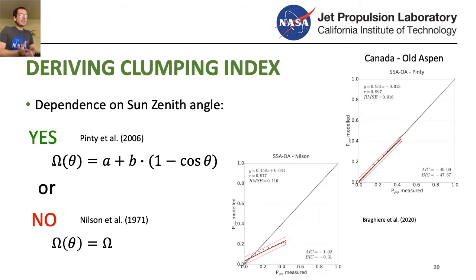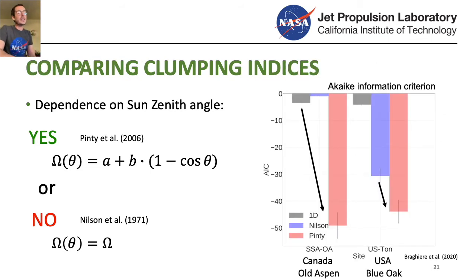Oh well, but one might say, of course you have a better agreement with the one that varies, because you have more free parameters, and a model with more free parameters will fit the data better, right? Well, that's why we calculated the Akaike information criterion, a statistical tool to evaluate the parsimony of models.